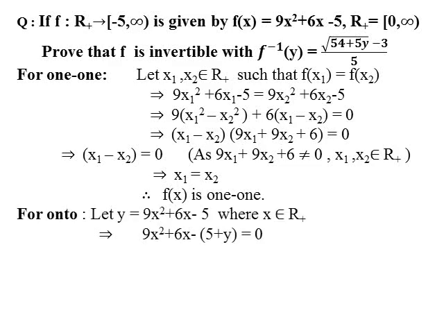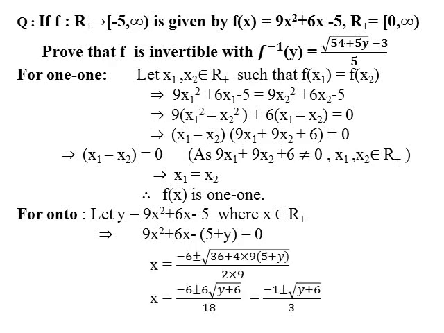For onto, we find the range, and for that we write 9x square plus 6x minus 5 equals y. As we require x in terms of y, we write 9x square plus 6x minus (5 plus y) equals 0. It is a quadratic equation in terms of x.